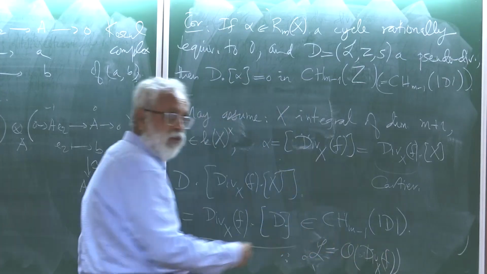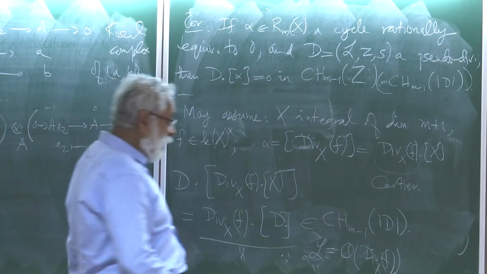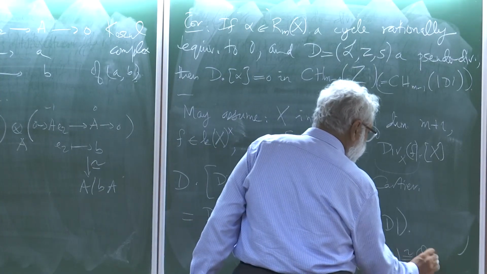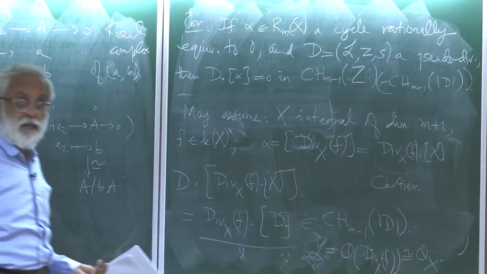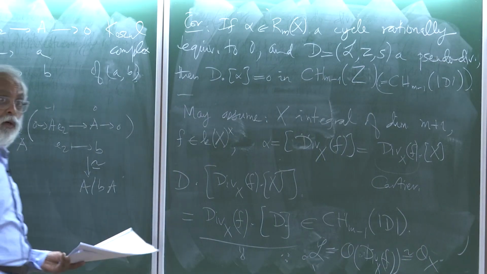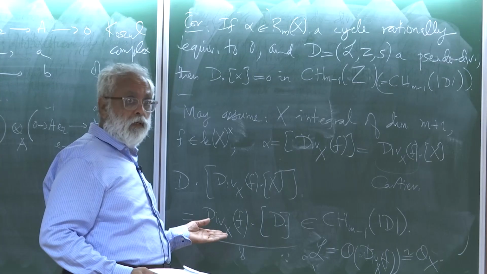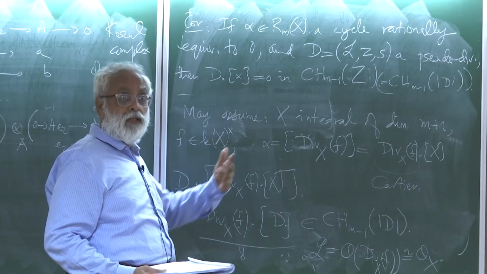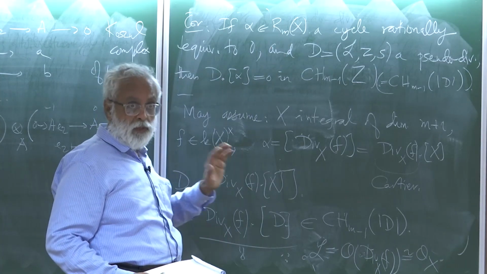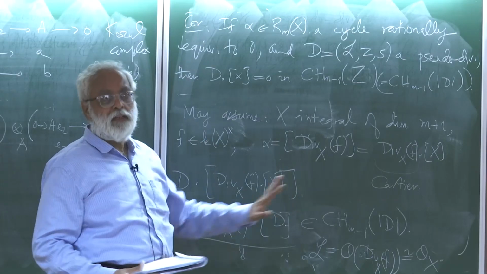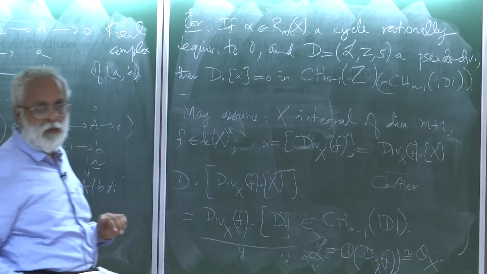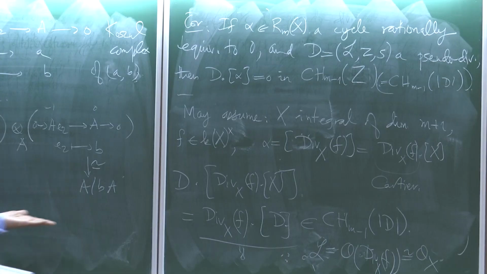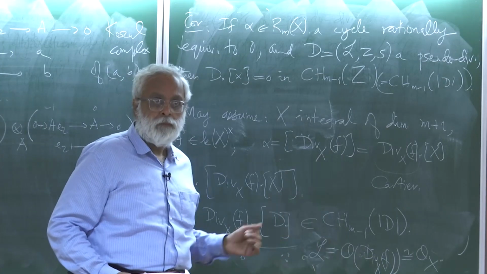This is a Cartier divisor that has an associated line bundle. But this is isomorphic to O_X because it's a principal divisor. And we know that if the line bundle underlying your pseudo divisor was the trivial line bundle, then the class is rationally equivalent to 0. That was proved earlier. So I got what I wanted.